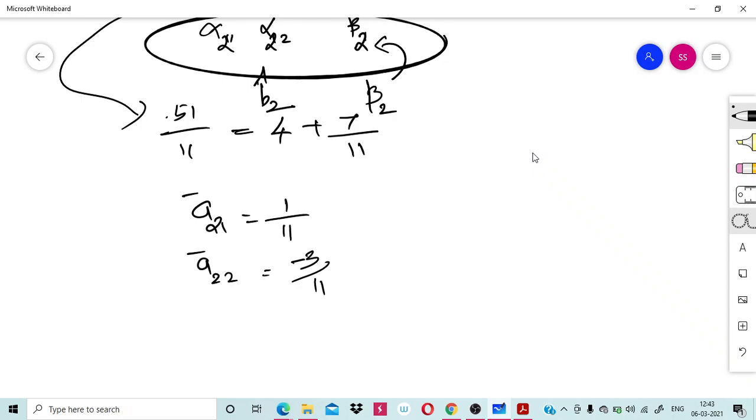So this will be your alpha 21 and alpha 22, because only the fractional part exists here.